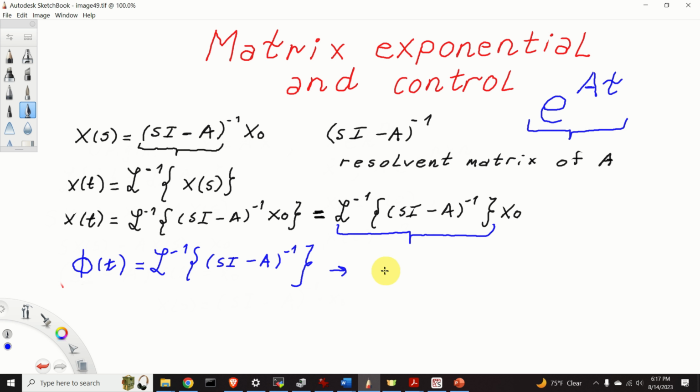And I will write the name. The matrix is called state transition matrix.